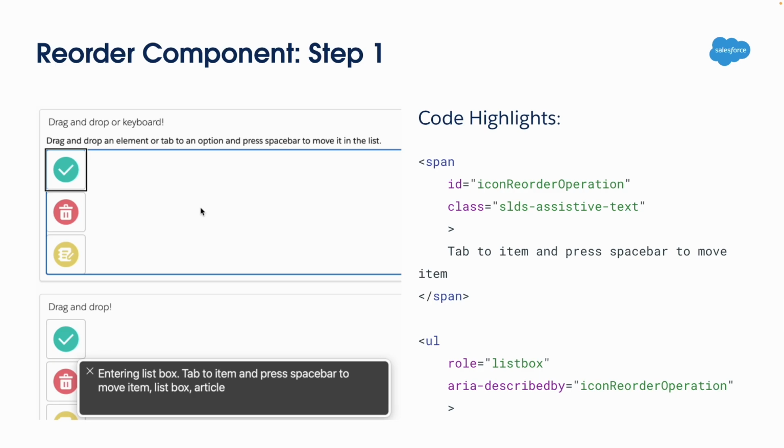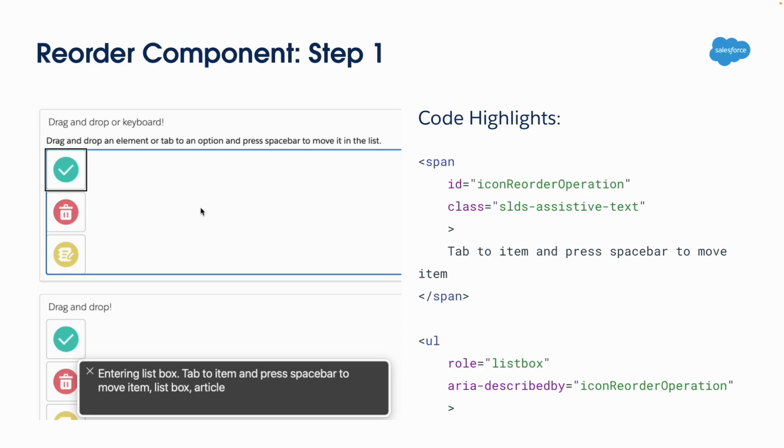So in this step 1, the user has come to the component that they can reorder. And what we have is a span, and I also use the SLDS assistive text class on it to hide these instructions. And the instructions give our screen reader user the context on how they can interact with this element through their keyboard.